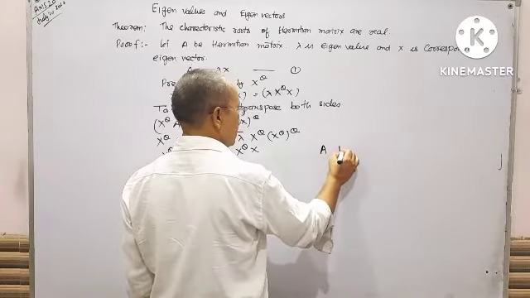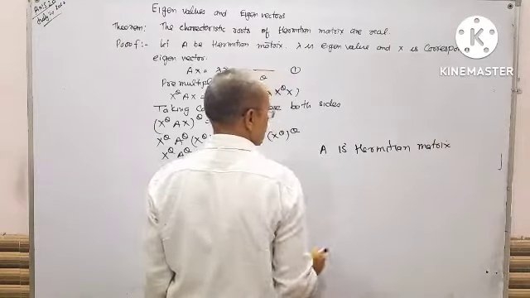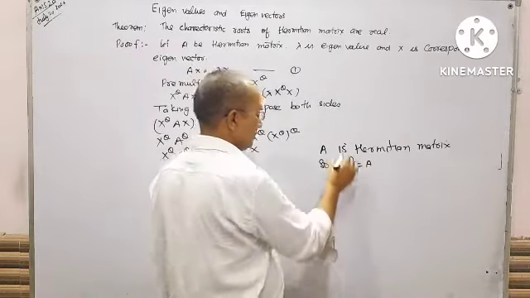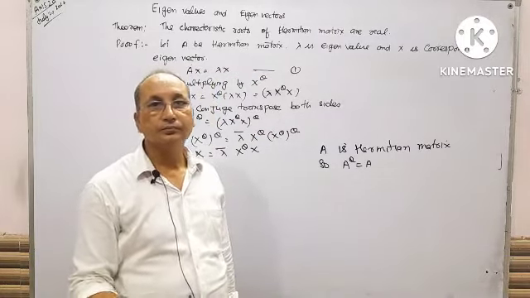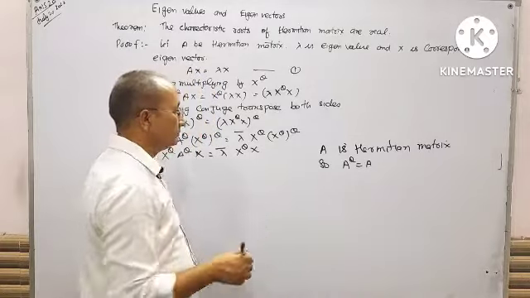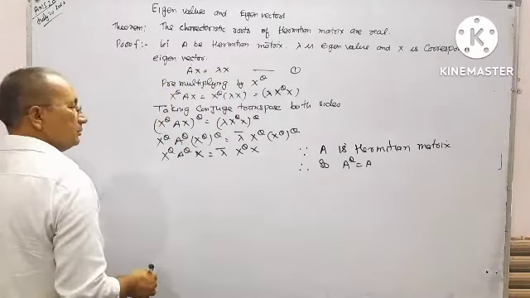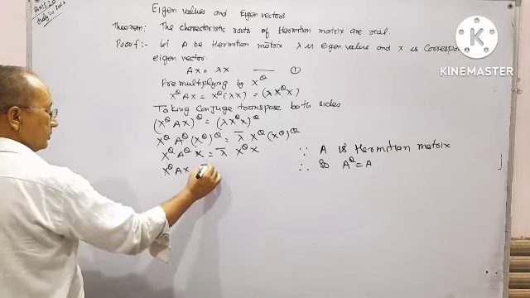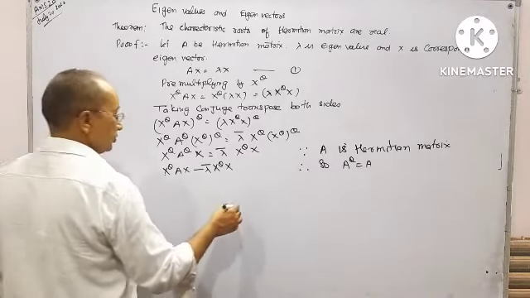A is a Hermitian matrix, so A theta equals A, which means the conjugate transpose of the matrix equals matrix A. So x theta Ax minus lambda conjugate x theta x is equation 2.